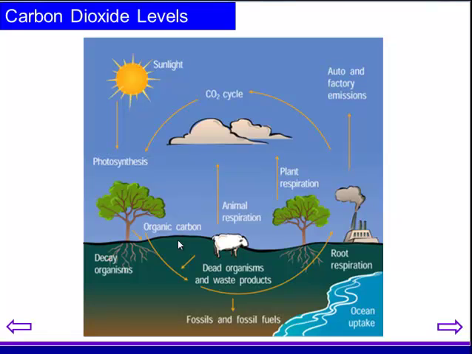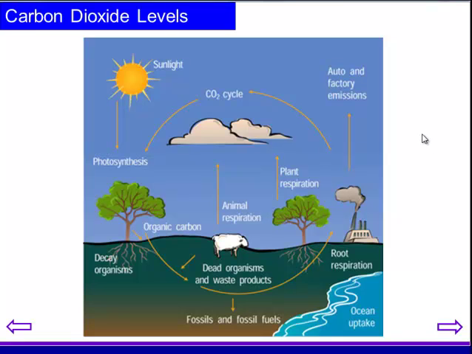Plants would die and decay, and they might release carbon dioxide back into the atmosphere, but it was kind of a closed system, up until the point when man came along and started introducing additional carbon dioxide emissions ever since the Industrial Revolution. Now this has caused a change, which we're going to think about in a little more detail later on. So initially carbon dioxide levels were maintained at quite a low level.